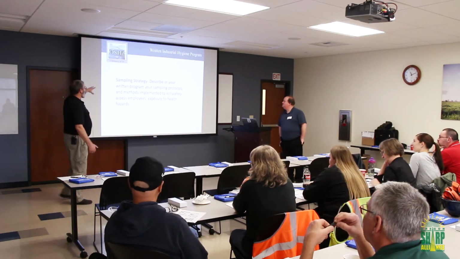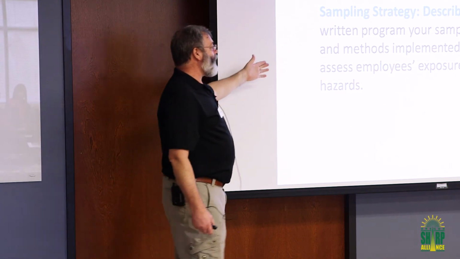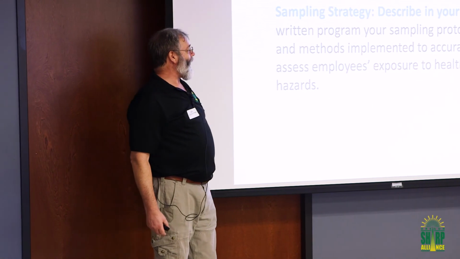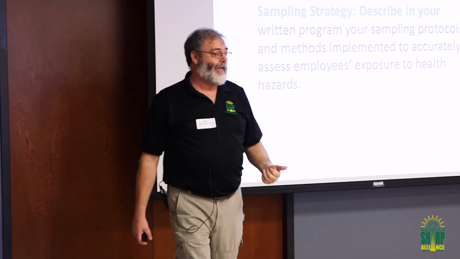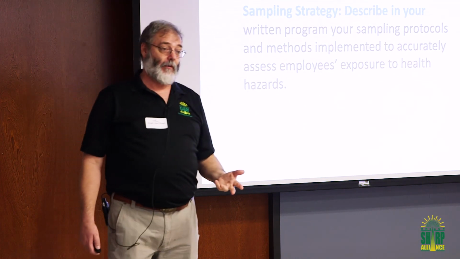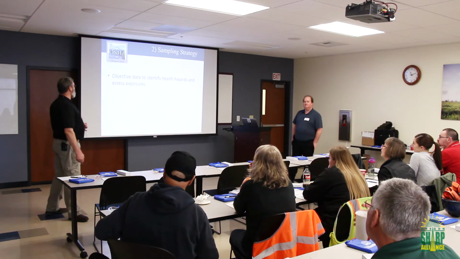Sampling strategy. Describe in your written program what protocols you're going to use. What are the methods you've implemented that will enable you to accurately assess your employees' exposure to these health hazards associated with the work you're doing? It's vital that you get this into your written industrial hygiene program.